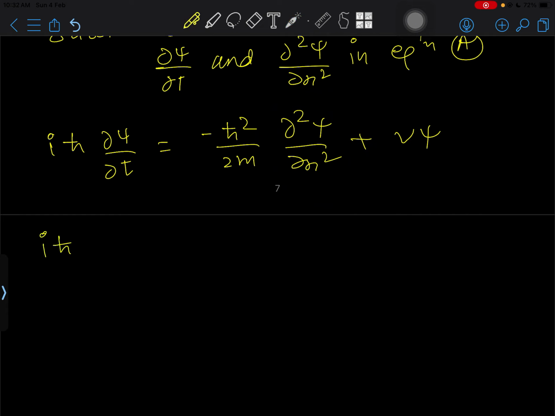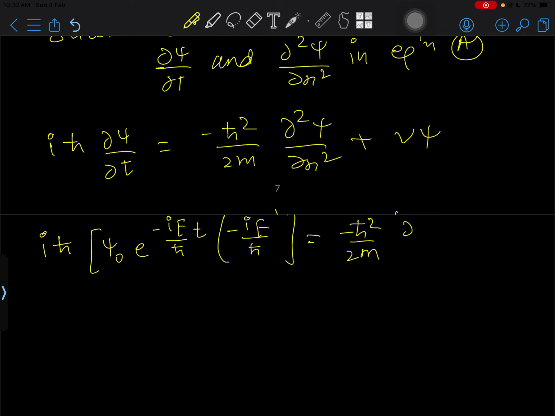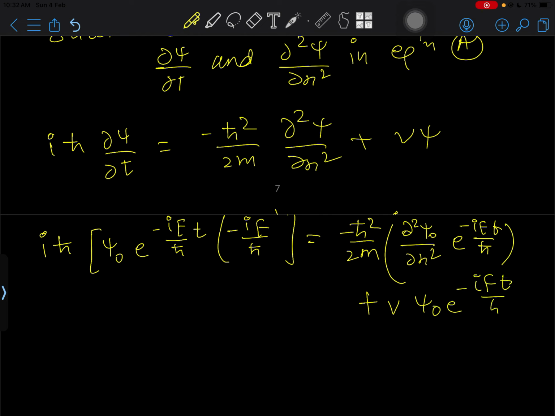So i h cut psi naught e to the power minus i E upon h cut into t, minus i E upon h cut, is equal to negative h cut square upon twice m del square psi naught upon del x square e to the power minus i E t upon h cut plus V psi naught e to the power minus i E t upon h cut. Okay, so this is the particular expression which we have got by substituting the values itself.